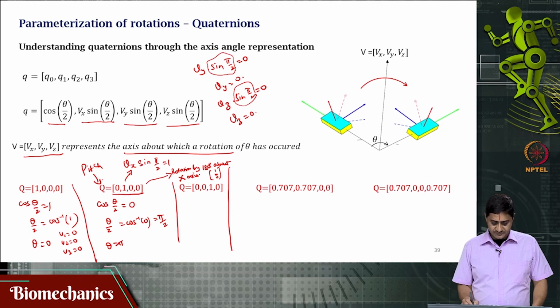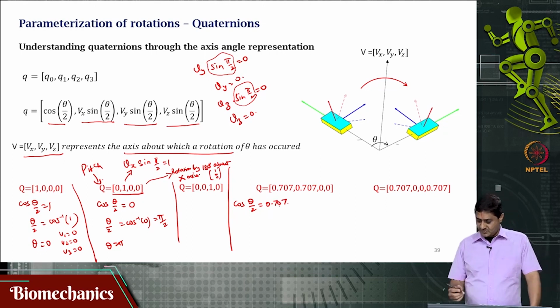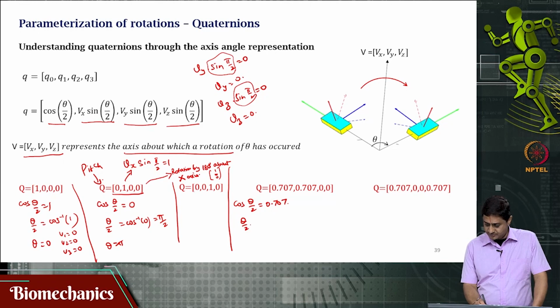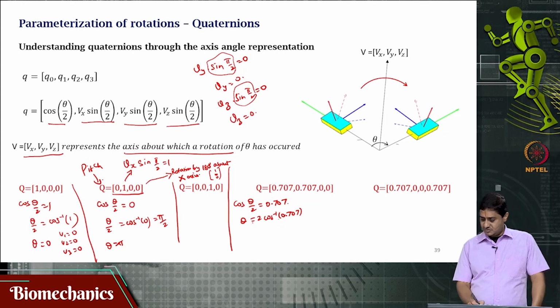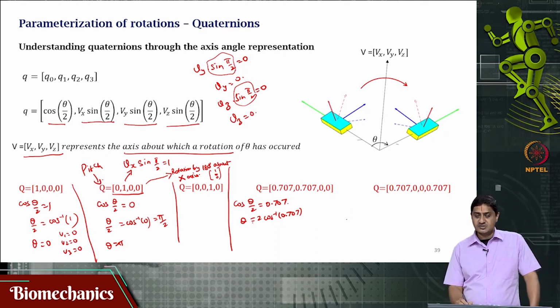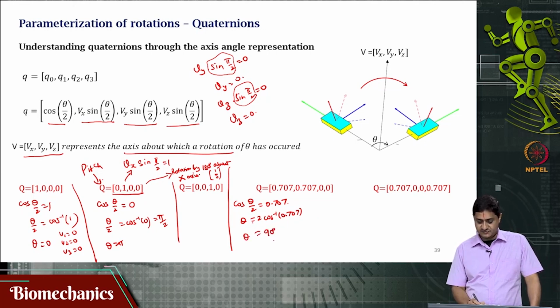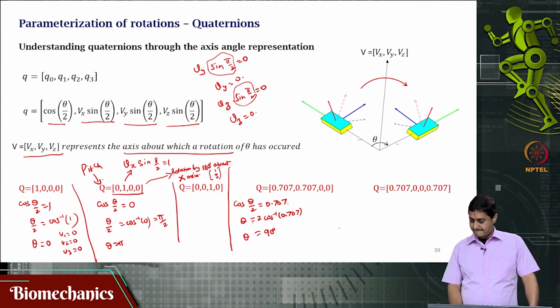Cos theta by 2 is 0.707. Theta is 2 times cos inverse of this value. Cos inverse of 0.707 is 45 degrees, and 2 times 45 degrees is 90 degrees. The angle of rotation is 90 degrees.